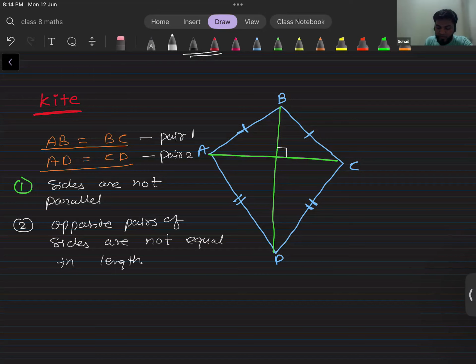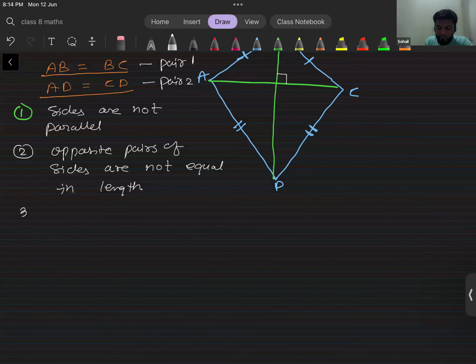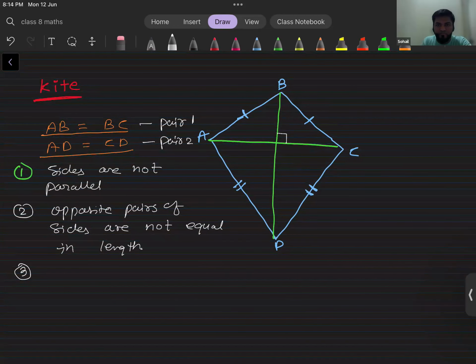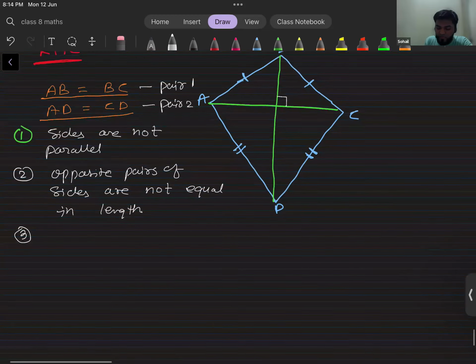Diagonals are also not equal. They are also not parallel. That's why it has not been put under the category of parallelogram.